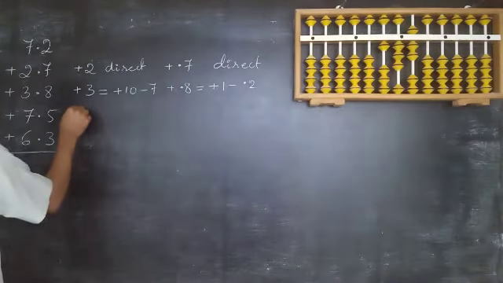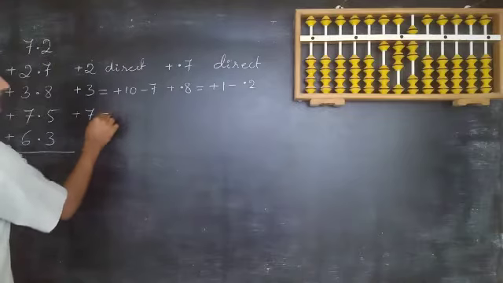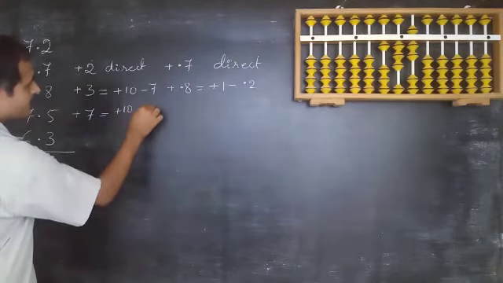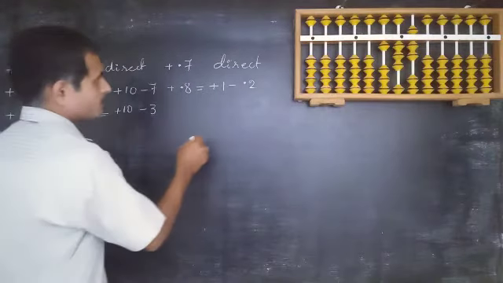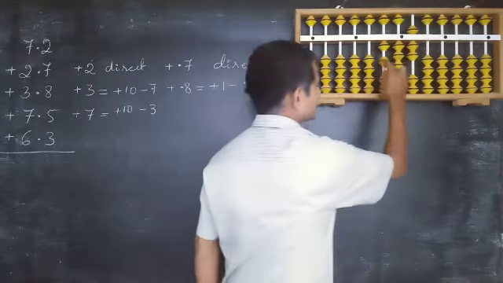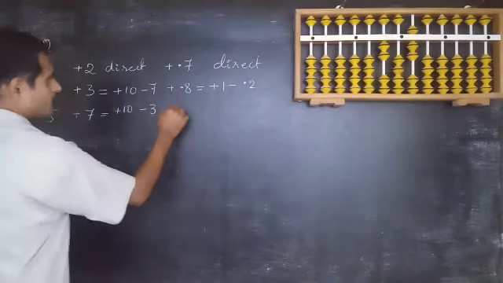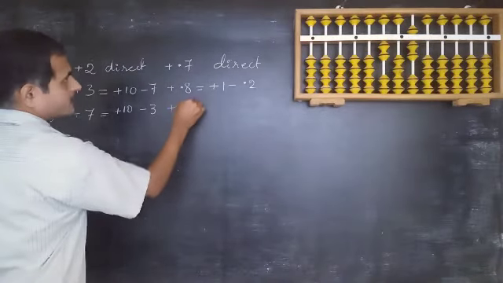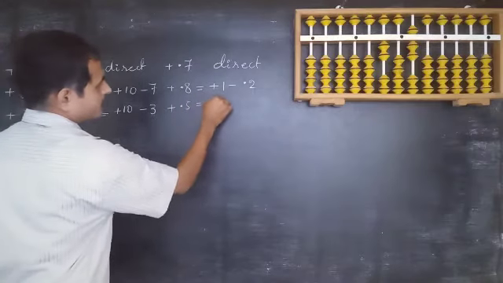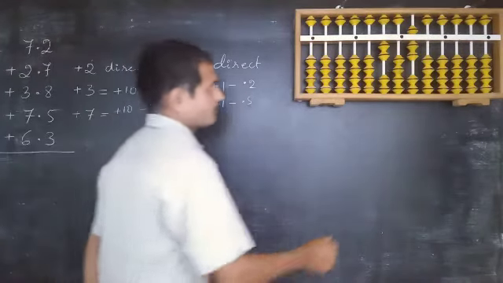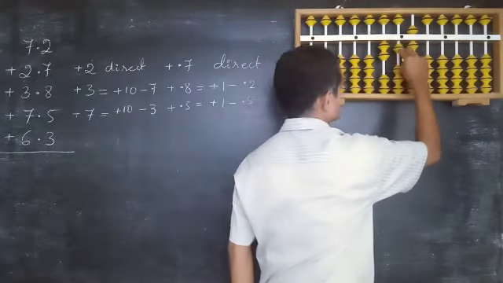Plus 7.5, plus 7 is equal to plus 10 minus 3. Plus 0.5 is equal to plus 1 minus 0.5.